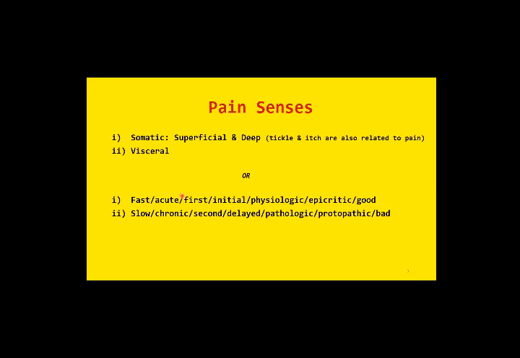Fast is the physiologic or good pain, whereas slow pain is the pathologic or the bad pain. Epicritic versus protopathic. So these are multiple synonyms for fast pain and slow pain. So pain sensation can be classified as somatic versus visceral, where somatic includes both superficial and deep. Or you may classify sense of pain as fast pain versus slow pain.